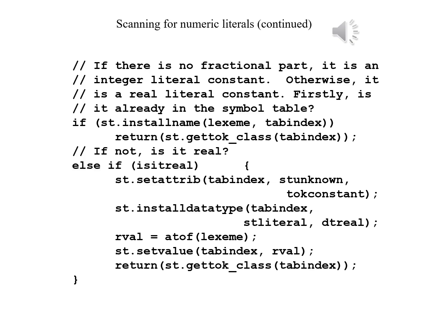If it is, we will install its attribute as the token being constant, semantic type being unknown. Then afterwards, we will set its data type as real and its semantic type as literal. We need to be able to install the value, so we will convert the string into a floating point number, and we will save that in the symbol table and return the appropriate token.